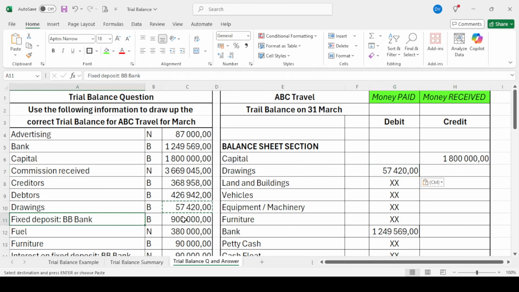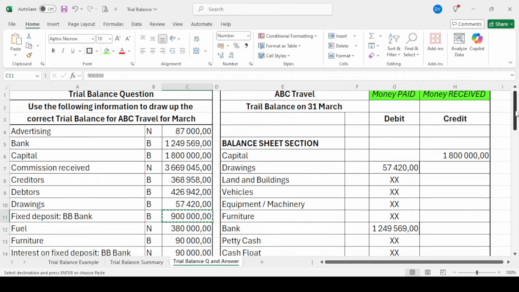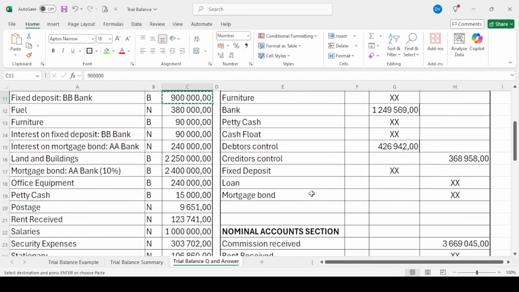Fixed deposit. Remember, this is an investment. We're going to put it under our balance sheet section. Fixed deposit. Our next one is fuel. Fuel is simply an expense, something that we had to pay.